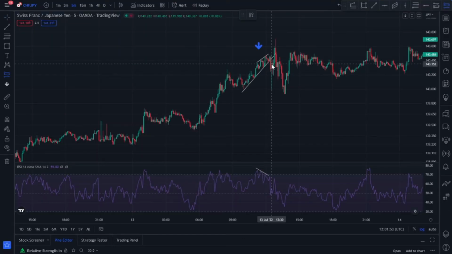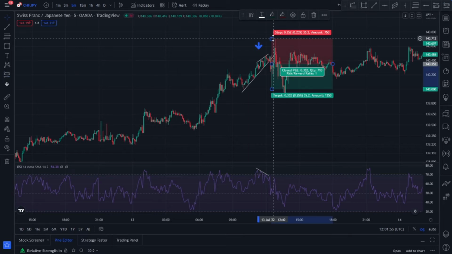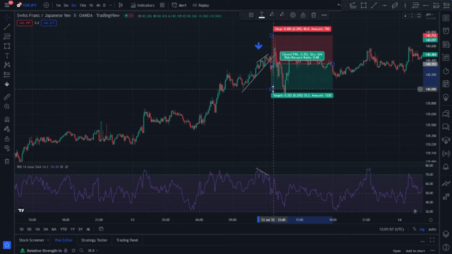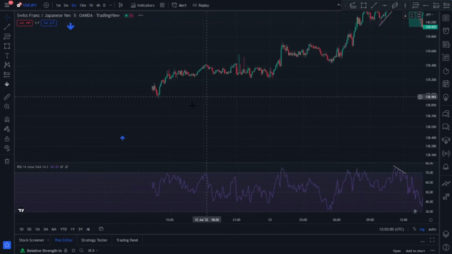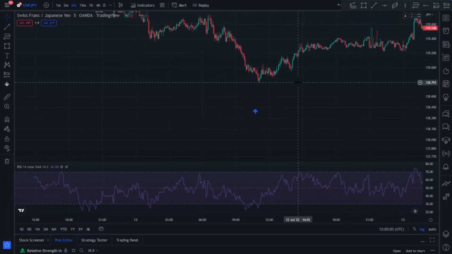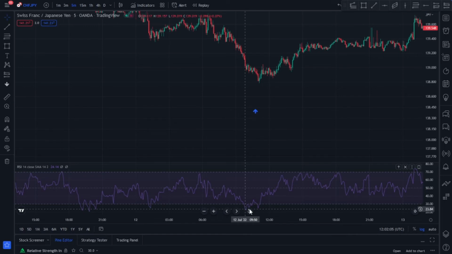In this example, the price has moved down, but the RSI indicator has moved up, so the signal is bullish, and we realize that the price will move up, and we will open a long position. We draw the trend line in this way, and when the trend line breaks, it goes up.